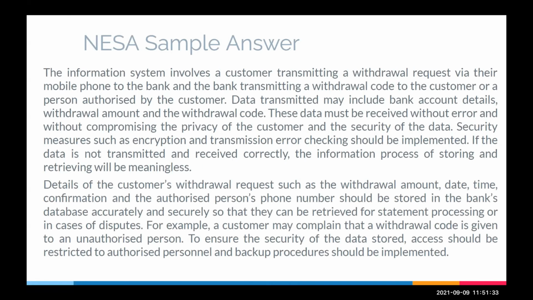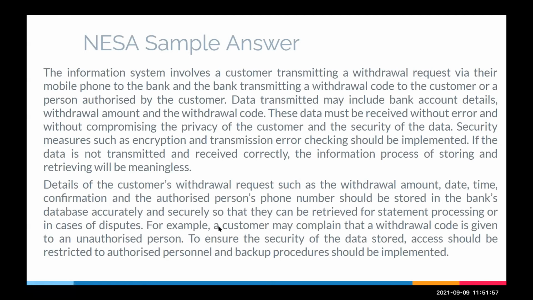Now, details of the customer's withdrawal request, such as the withdrawal amount, date, time, confirmation, and the authorized person's mobile phone number, should be stored in the bank's database accurately and securely, so they can be retrieved for statement processing or in case of disputes.